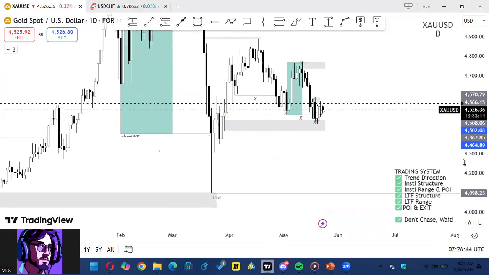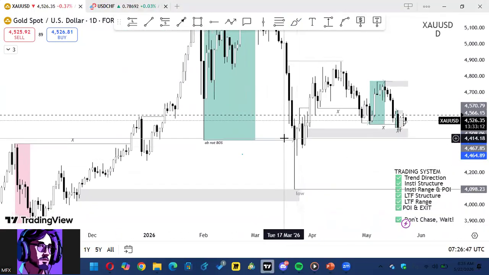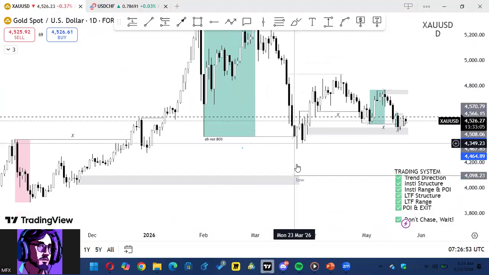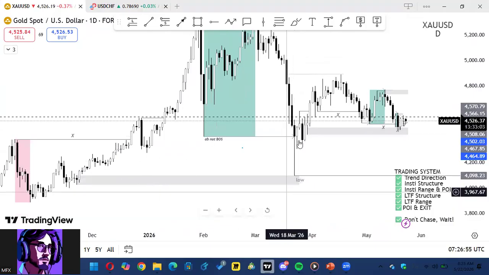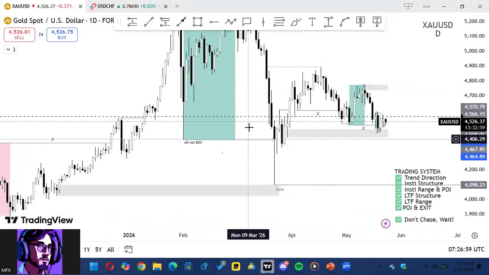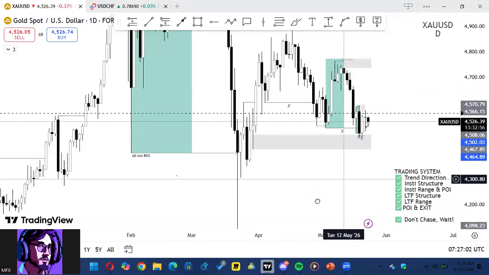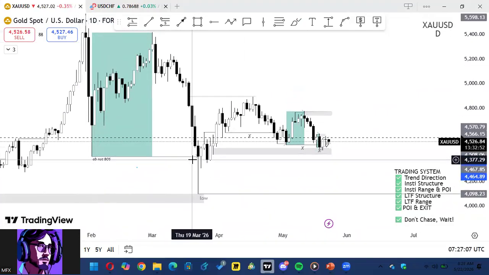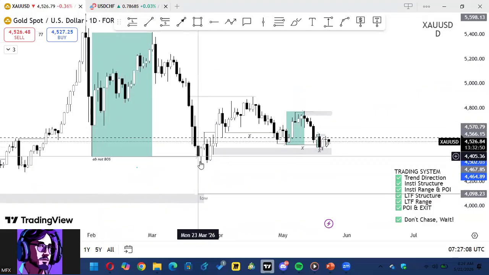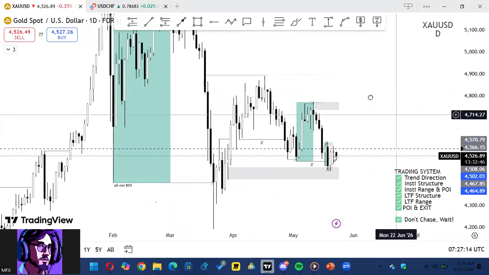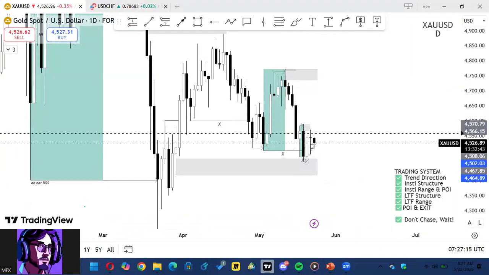The next thing we look at is that there was no body close on our weekly, monthly, and even 3-month time frame of this liquidity gap, what I call absorption. Because there was no body close, I could not say that this range was a break of structure. I can call this a retracement, and I'm still very bullish on XAU.